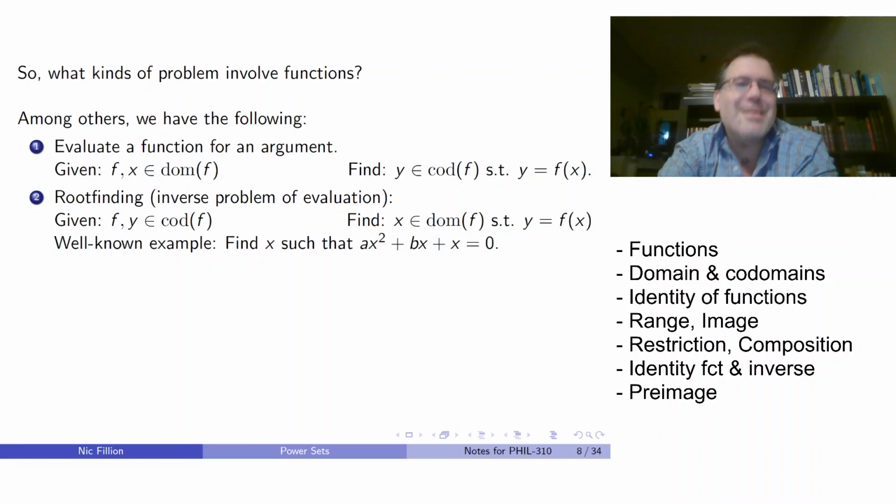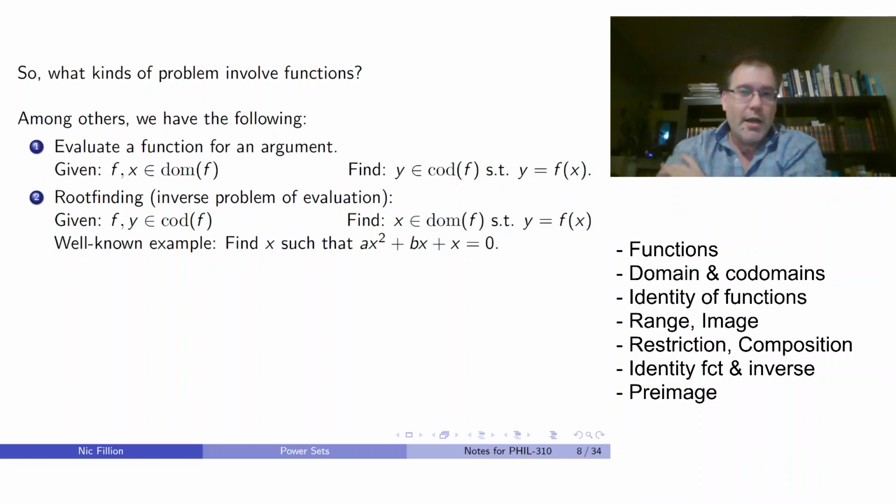All right, so that's a second kind of problem that we're often asked that involve functions. There's a third one, which is definitely more intricate than the first two. Because in the first two, we're given a function and we're asked to either find a value for an argument or find the argument for a value.